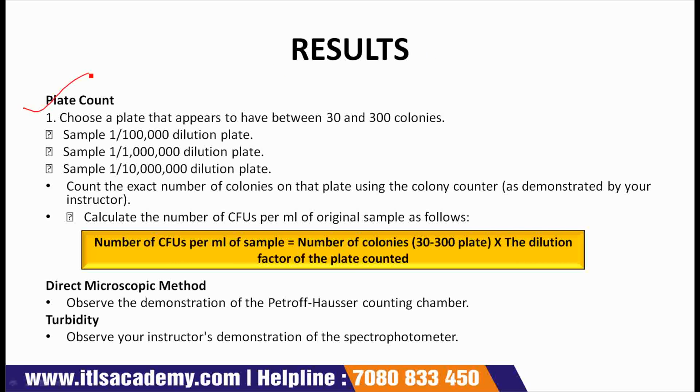First of all, we will see results for the plate count. Number 1. Choose a plate that appears to have between 30 and 300 colonies. For the sample 1 upon 1 lakh dilution plate. Next is sample 1 upon 10 lakh dilution plates.